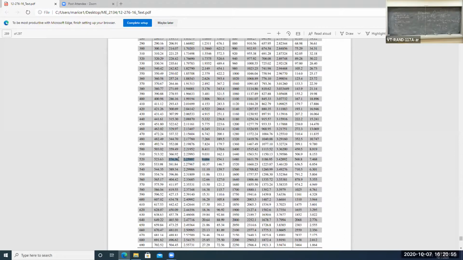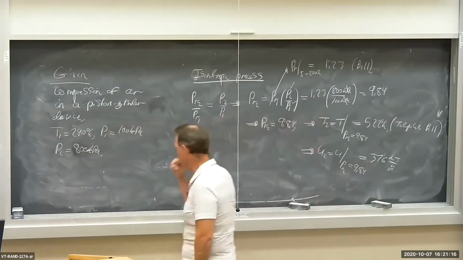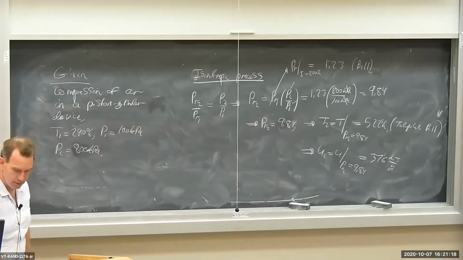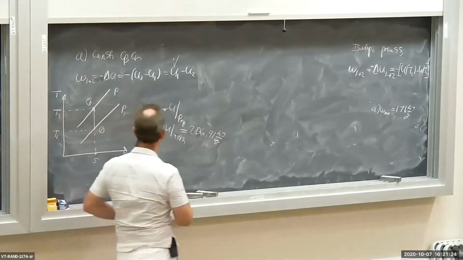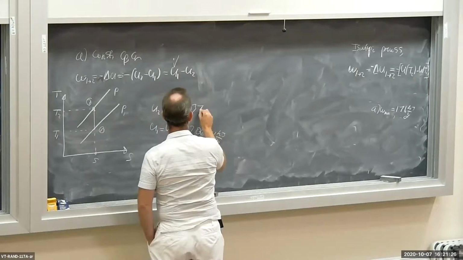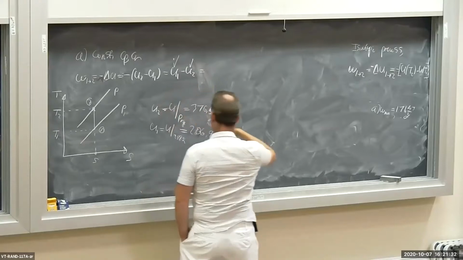The exact interpolation is 376 kilojoules per kilogram. That is U2. I'm going to write it right here, 376. Okay, we have U2 for this isentropic process. So I now have U2, 376 kilojoule per kilogram. Check, that's done.